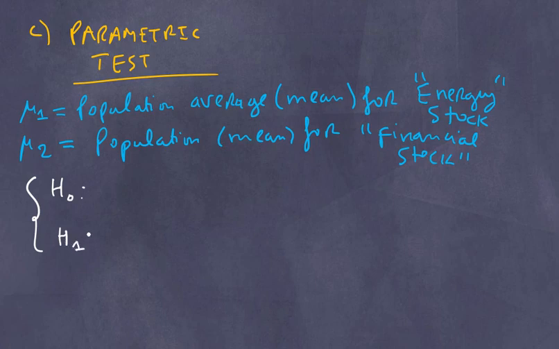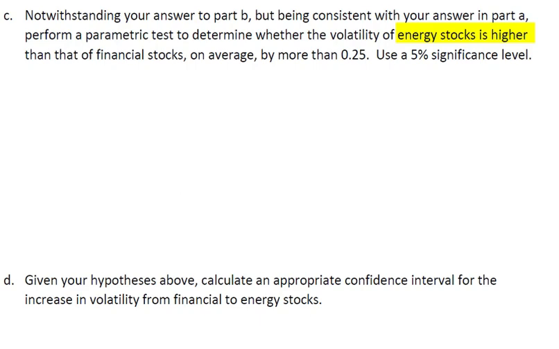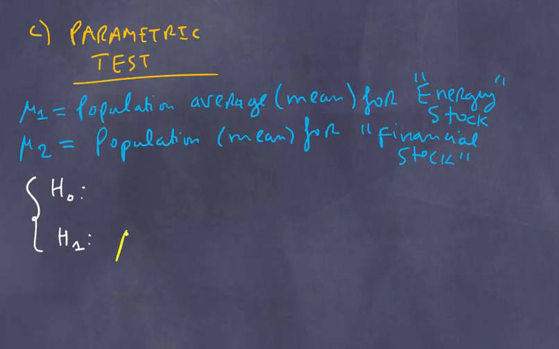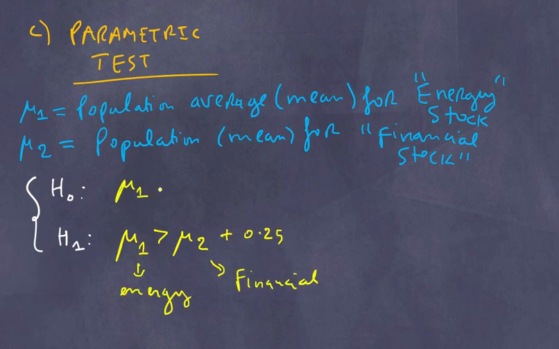We're testing H0 against H1 or HA. The volatility of energy stocks is higher, meaning bigger, than that of financial stocks on average by more than 0.25. So we want to know if mu1 is more than mu2 by 0.25. And of course, under H0, mu1 equals mu2 plus 0.25.